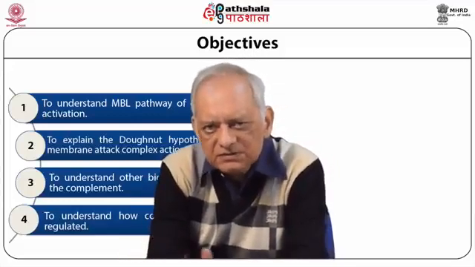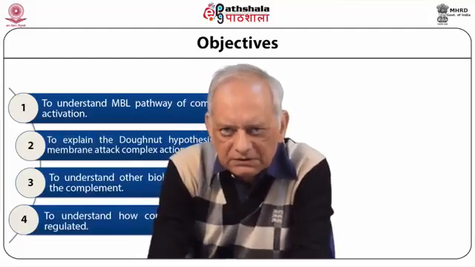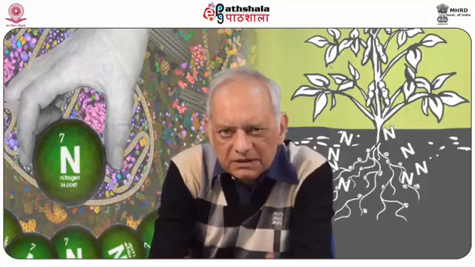The concepts covered focus on the MBL pathway and show that no matter which pathway is involved, the consequences are inflammation, opsonization, MAC action and lysis of the cells or the pathogens.